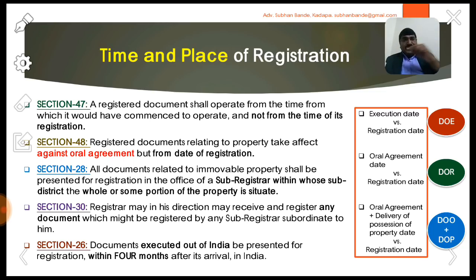According to section 26, the documents executed out of India, if the documents are executed in a foreign country or in a geographical area where the Registration Act is not applicable, under such circumstances, such documents should be presented for registration within 4 months after its arrival in India.